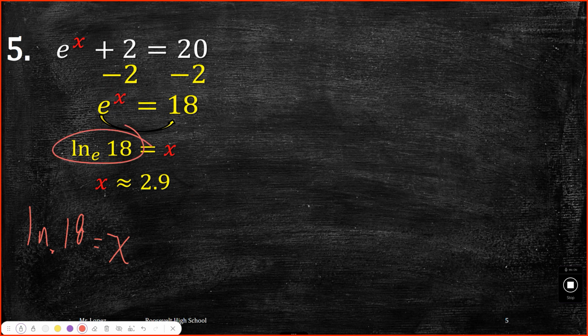No, for this one, e. For any other one, if I say log 25 equals x, automatically the base is what? But whenever you have ln, it has nothing, it'll be e.